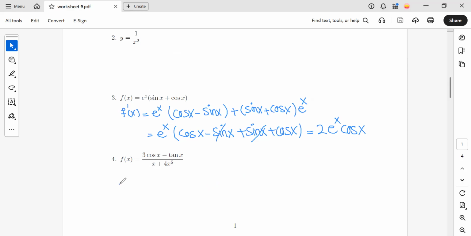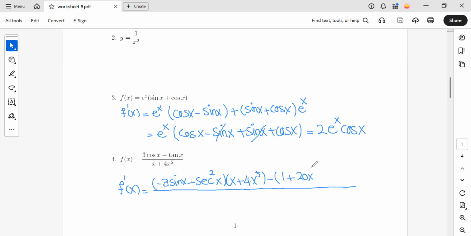Next one is obviously quotient rule. So f prime of x is derivative of the top, which is -3 sine of x, minus secant squared of x, times the denominator, minus derivative of the bottom, which is 1 plus 20 x to the fourth, multiplied by the numerator, cosine of x minus tan x, all over the denominator to the power 2.